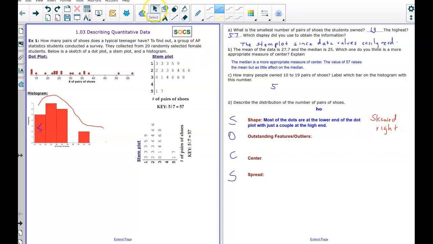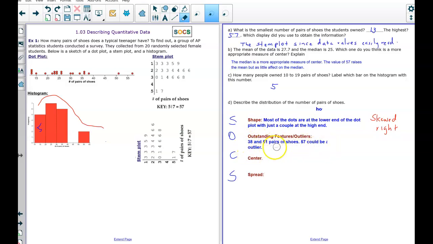Are there any outstanding features? Well, it looks like 50 and 57 are unusual. We can also see from the histogram that there's a gap. There is no number of pairs of shoes between 40 and 50, and you want to highlight that in your description.